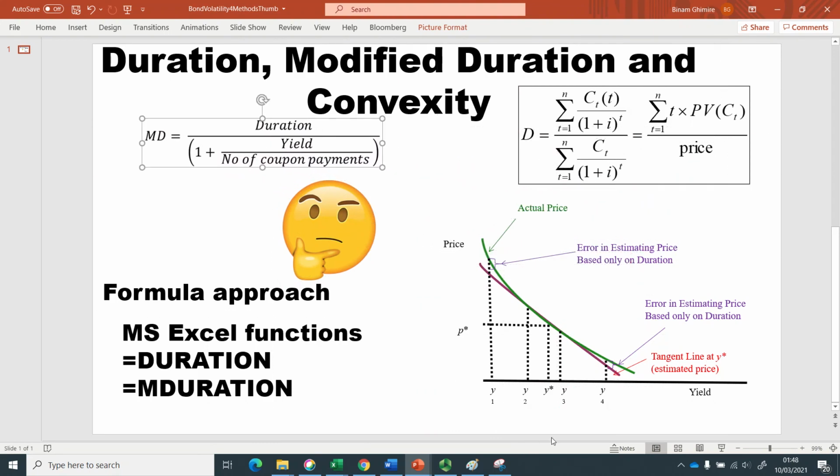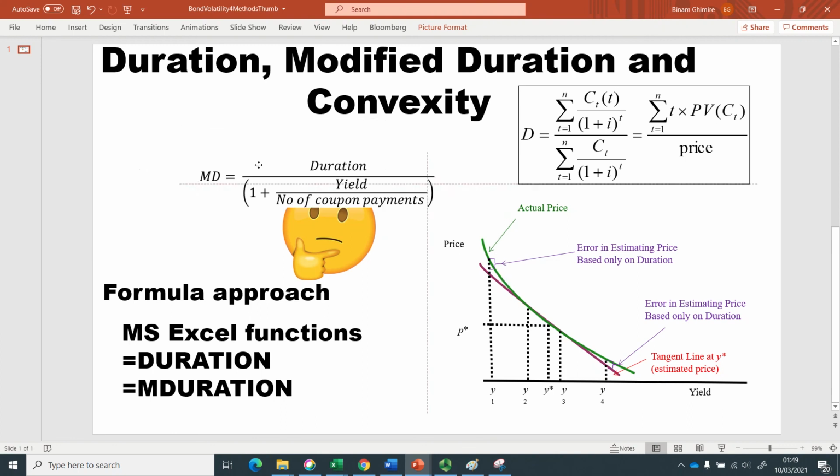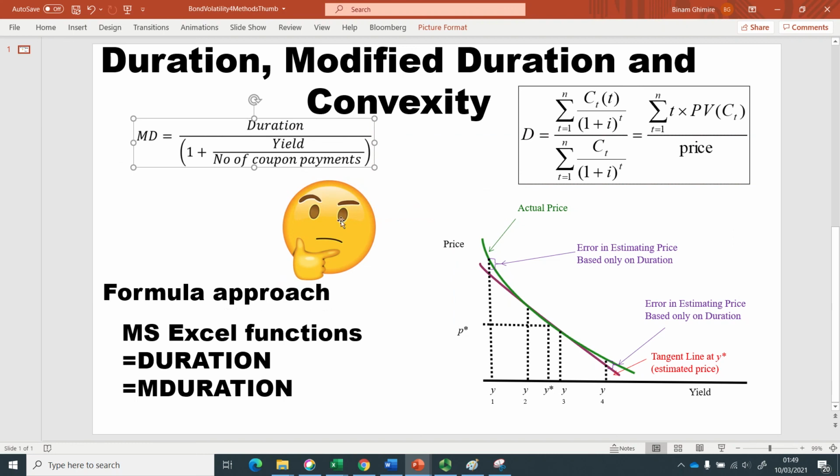But when the yield change is large, such as here or here, because the relationship between yield change and bond price is not linear, rather convex, modified duration doesn't work. Therefore, we need to make use of convexity, and in order to find the percentage price change, we need to combine both convexity and modified duration together.